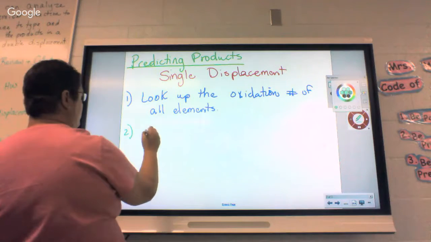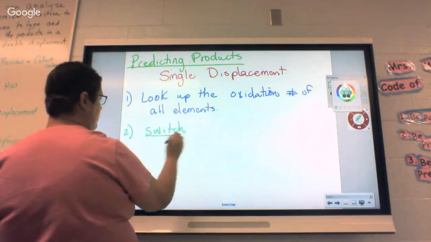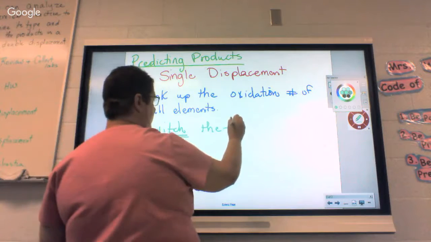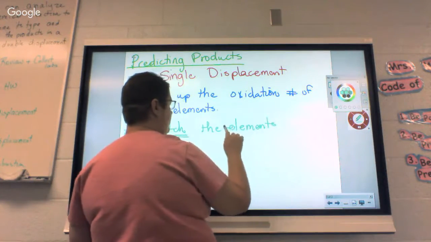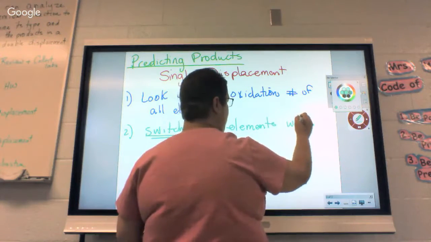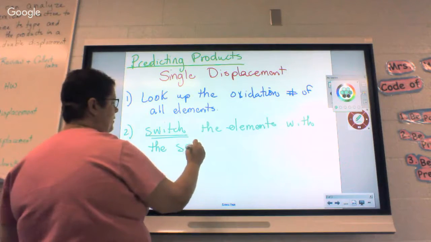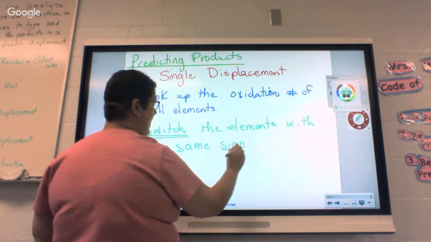Number two, switch the element with the same sign.